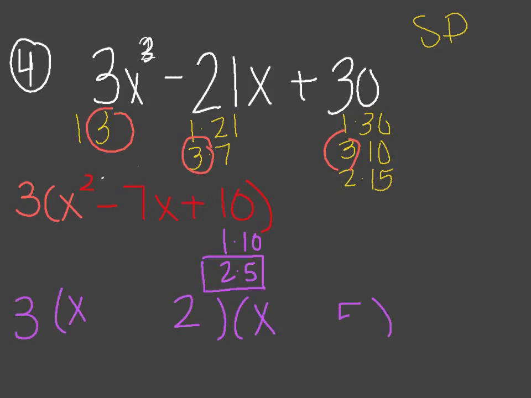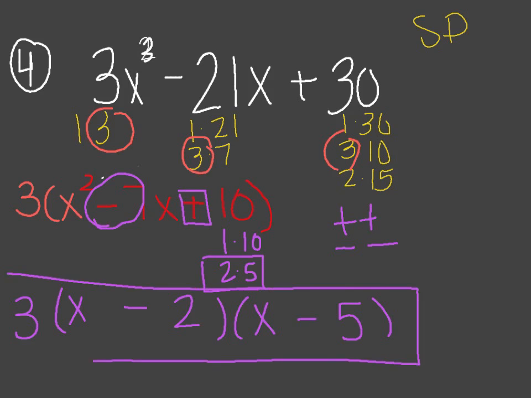I'm doing a 2 and a 5. I need to multiply to be a positive, so that's a positive times a positive or a negative times a negative. But I need to get a negative 7. So I know that a negative and a negative is a positive 10, and negative 2 minus 5 will give me a negative 7. So this is my final answer.